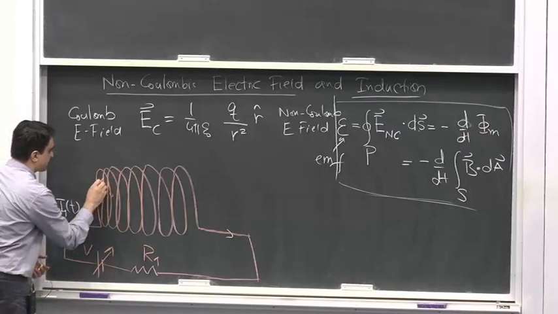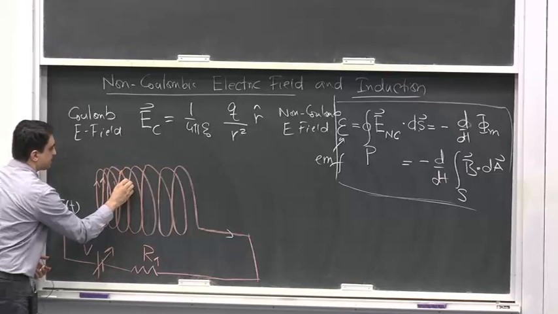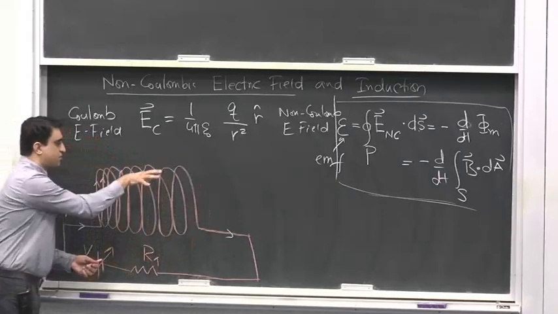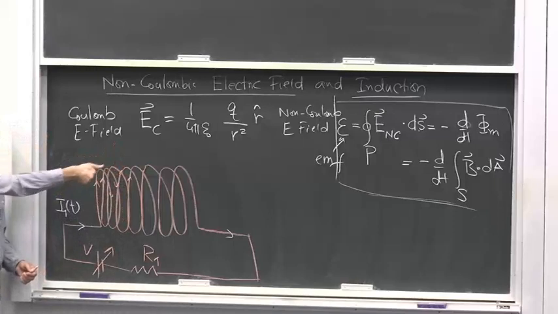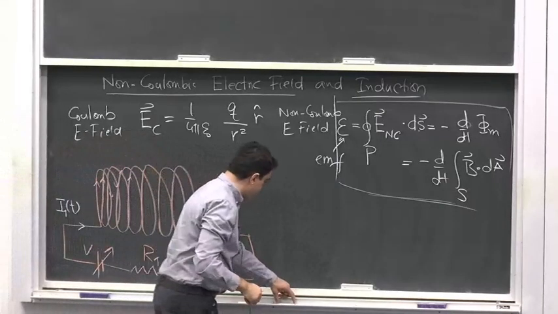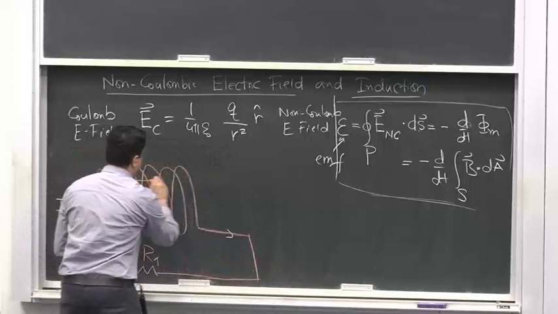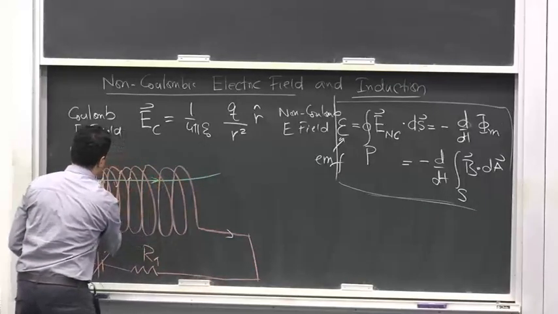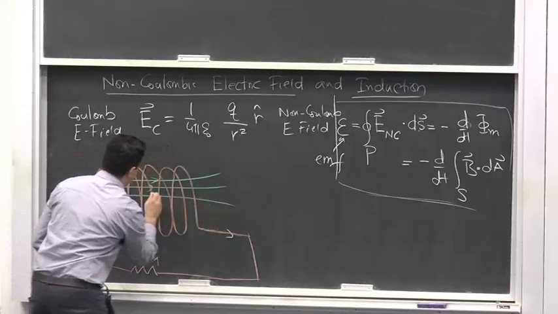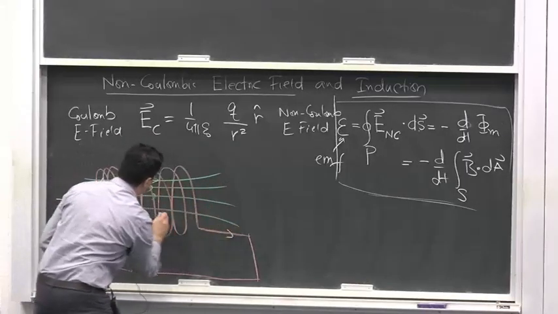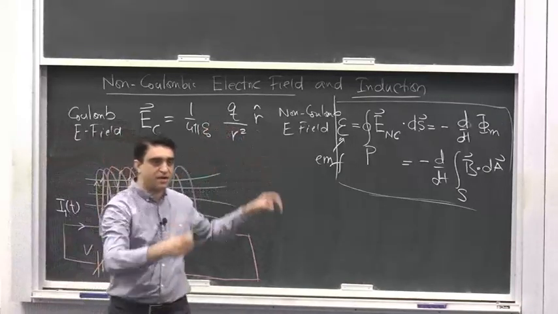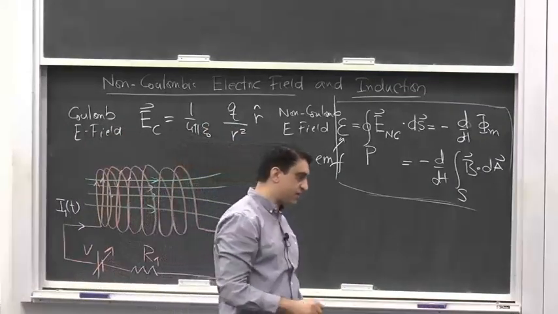So if the direction of the current is going like this, by the right hand rule, the magnetic field which you will produce would be in that direction. So what you would have is a magnetic field which would be almost uniform inside the solenoid, and it can slightly expand as it goes out of the solenoid.